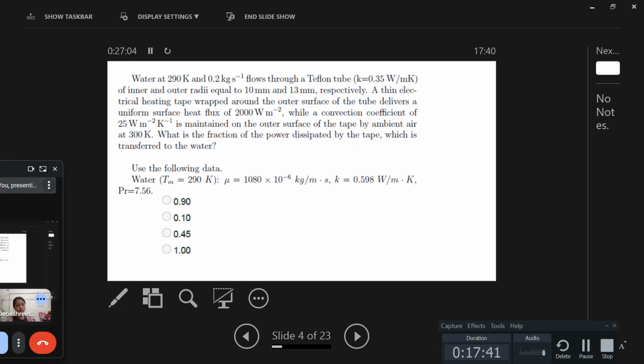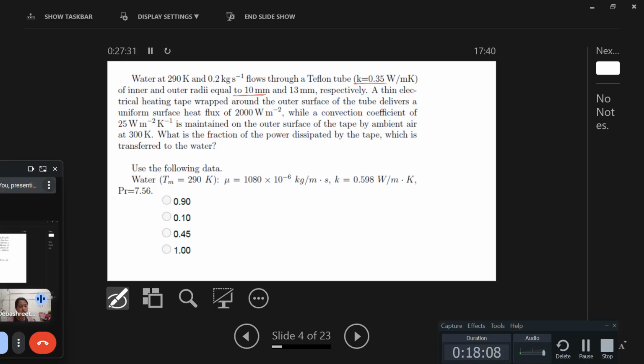The next question says: water at 90 Kelvin and 0.2 kg per second flows through a Teflon tube, K equal to 0.35 watt per meter Kelvin. This is the thermal conductivity of the solid, of inner and outer radii equal to, again this cylinder also has an inner and outer diameter.